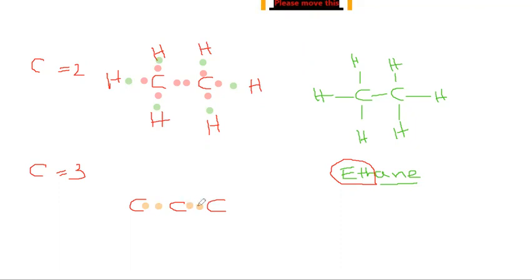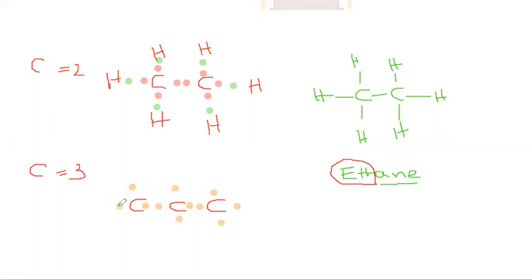Why am I putting 2 over here? Because this is the carbon-carbon bond, so each bond shares one electron from each of the carbon atoms. That's why I have directly put the 2 electrons over here, and then the unpaired electrons.